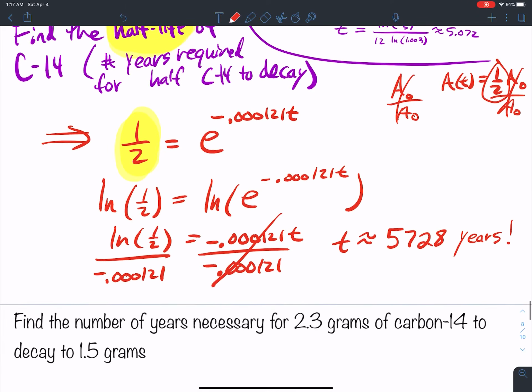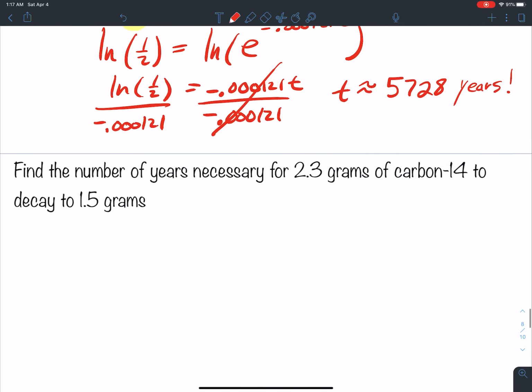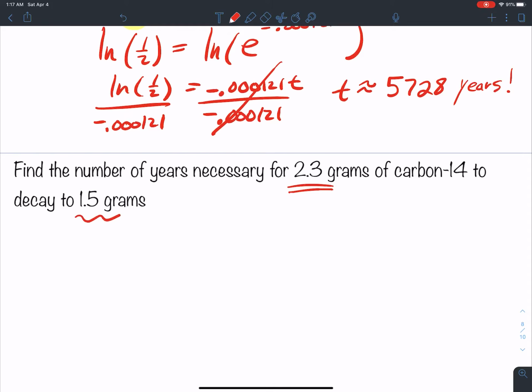All right, cool. So I want to find the number of years necessary for some substance that has 2.3 grams of carbon-14 to decay down to 1.5. So how do I do that? I start with my formula. A of t equals what?